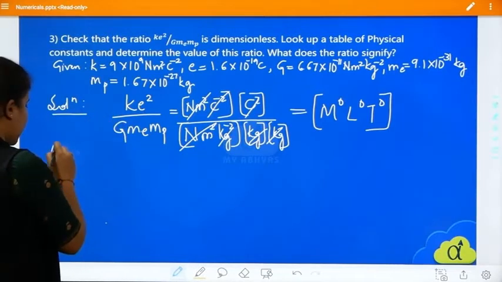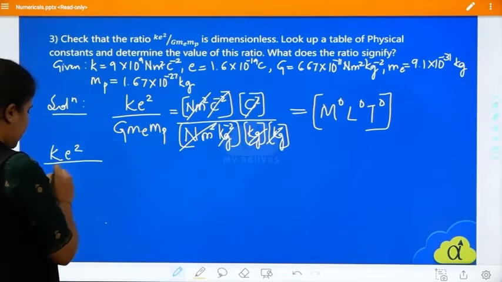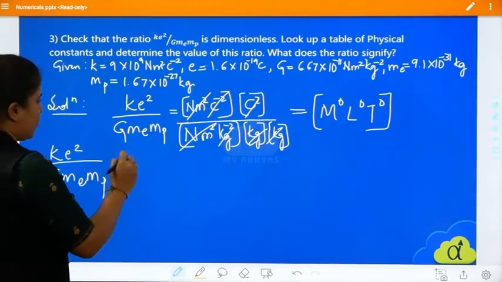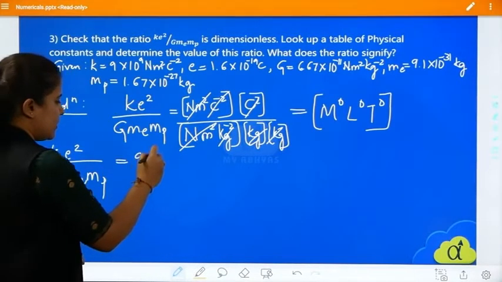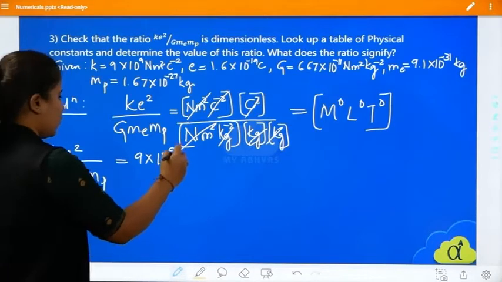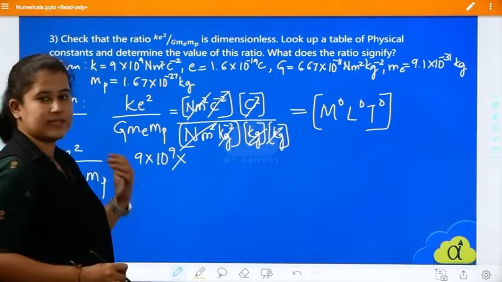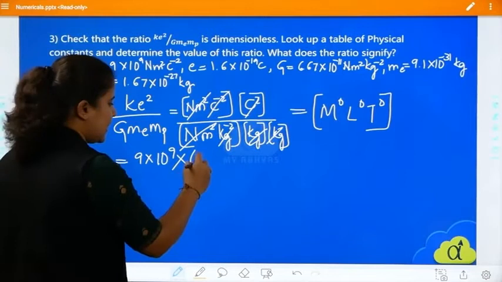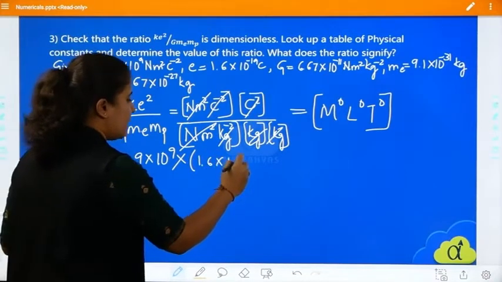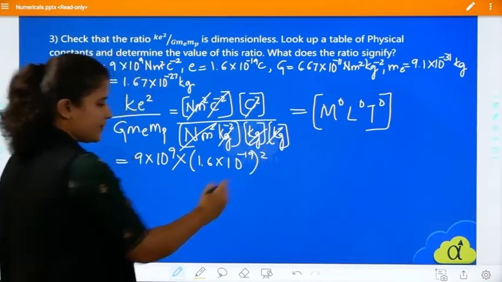So the formula is Ke square divided by G, Me and Mp. The value of K is nothing but 9 into 10 raised to 9. And the value of e square is nothing but 1.6 into 10 raised to minus 19, whole square, right?